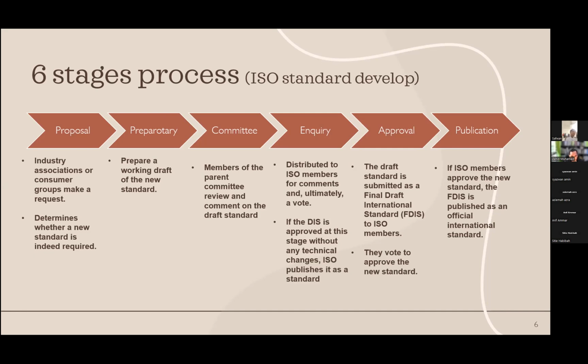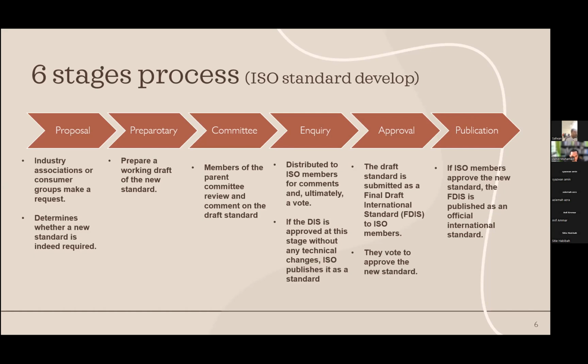At the proposal stage, an industry association or consumer group makes a request. Then it determines whether a new standard is indeed required. Then at the preparatory stage, it has to prepare a working draft of the new standard.